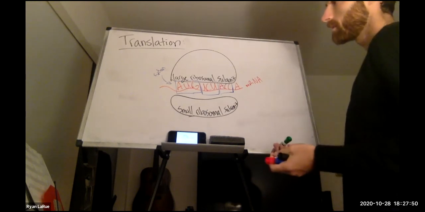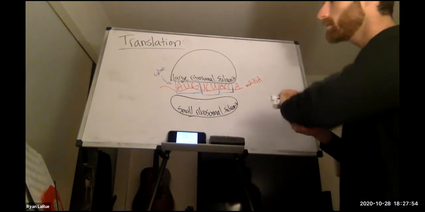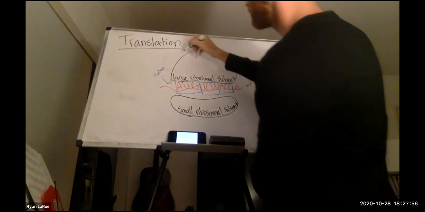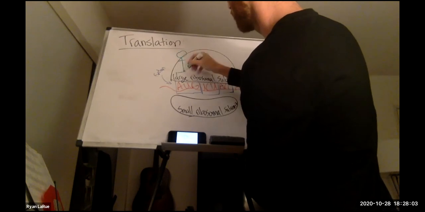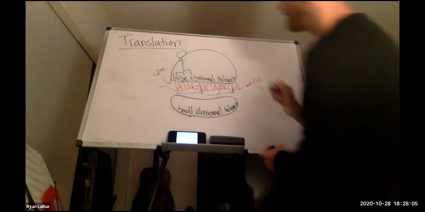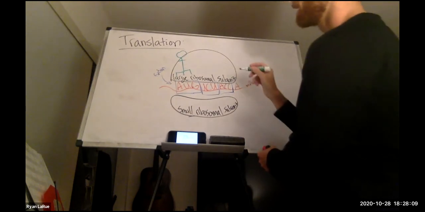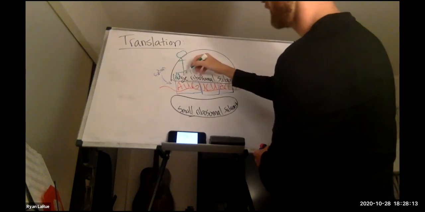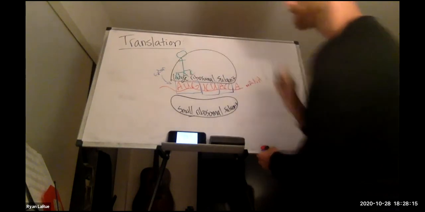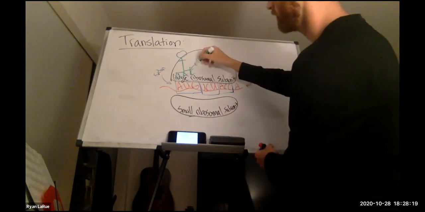So a specific tRNA would come in with the anticodon U, A, C, complementary to that codon. This is the anticodon.